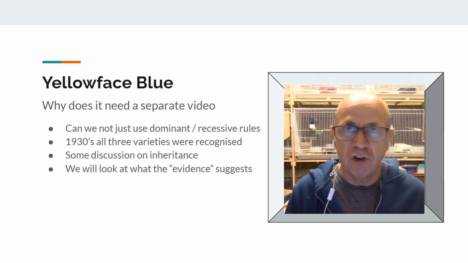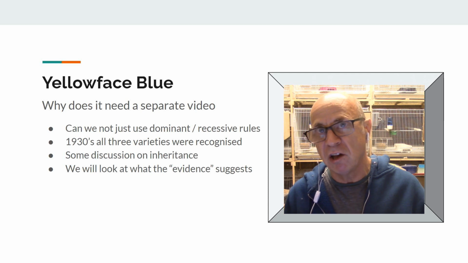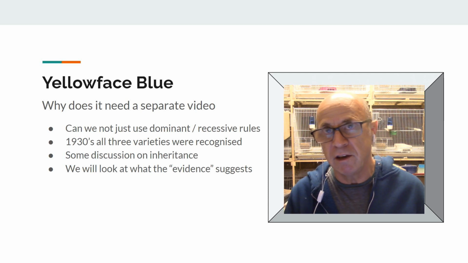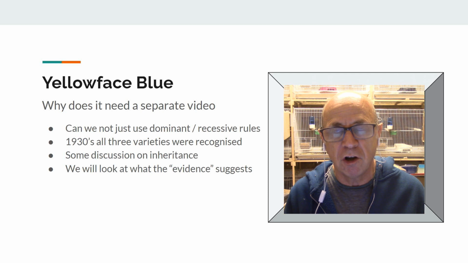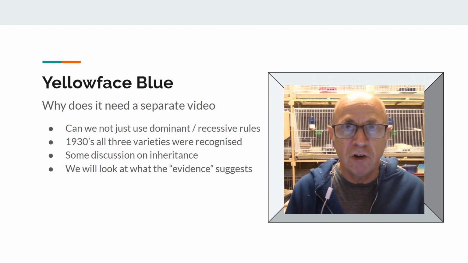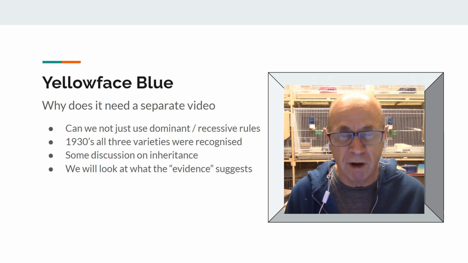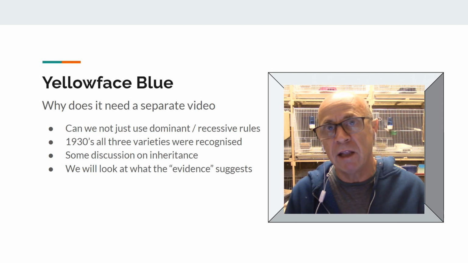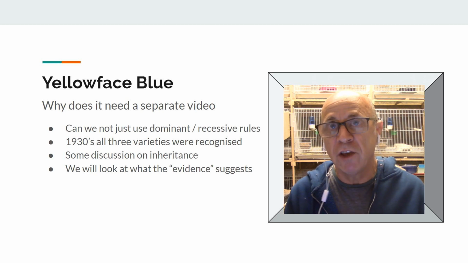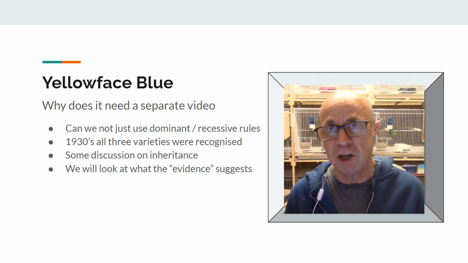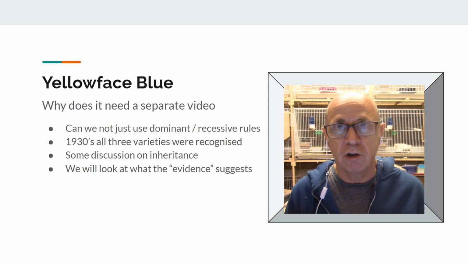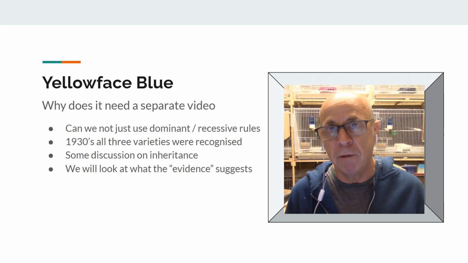What I intend to do in this video, and what I do in the chapter in my PDF guide, is look at the current evidence and some of the literature reviews around the Yellowface, and come up with what I think is the most logical explanation for the way inheritance works in the Yellowface varieties.